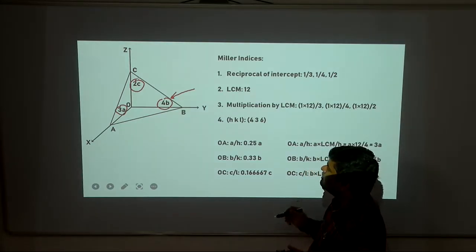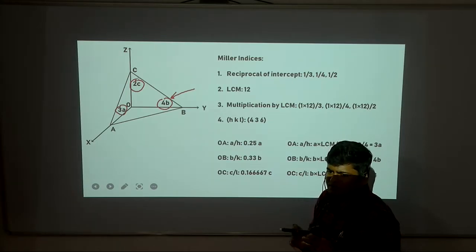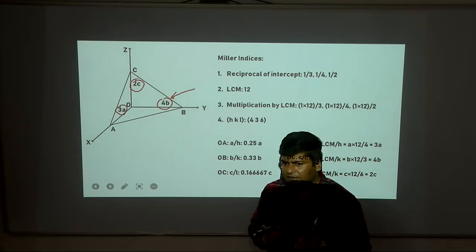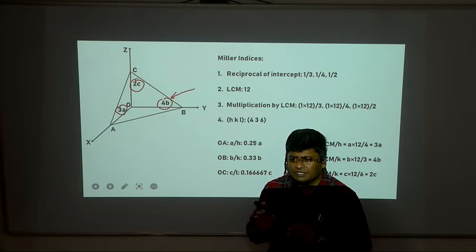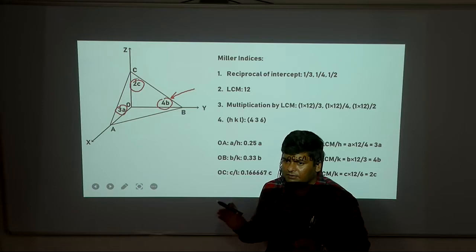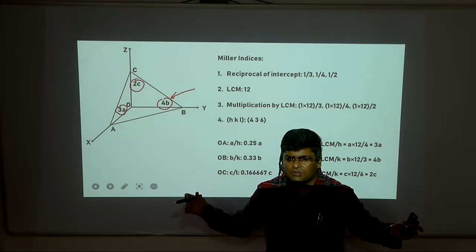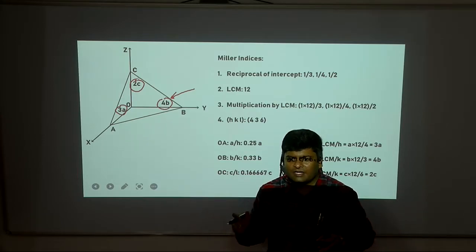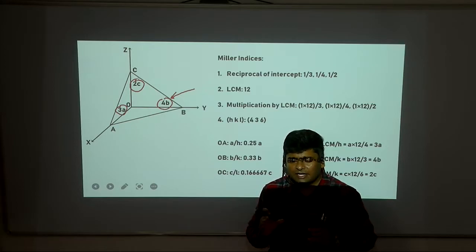So these are the intercepts. In order to find the Miller indices, first of all we will find the Miller indices. Miller indices are three integers enclosed in a bracket which indicate a set of parallel planes. Many parallel planes can be specified by only three numbers, and those three numbers enclosed in a parenthesis or circular bracket are called Miller indices.